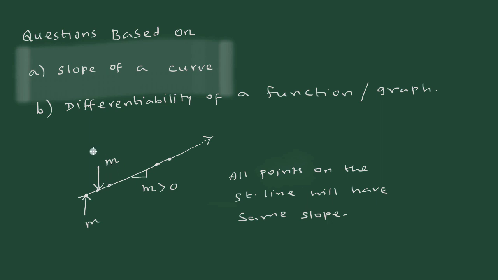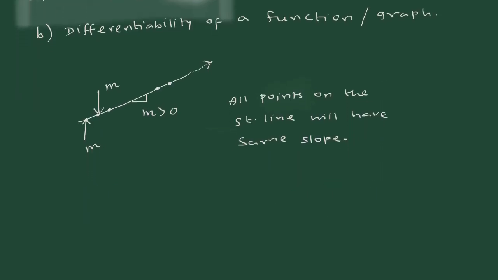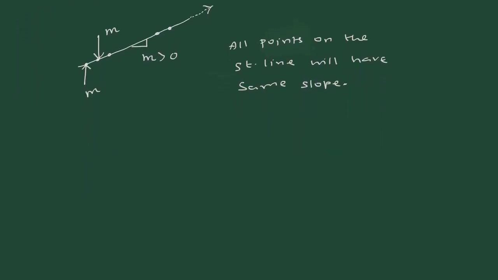However, the point to be noted now is that we are not discussing the straight line, we are discussing the curve. For the curve, the problem is that the slope is not going to be constant. It will change from point to point. And the question is how we are going to calculate it. A curve can look like anything.